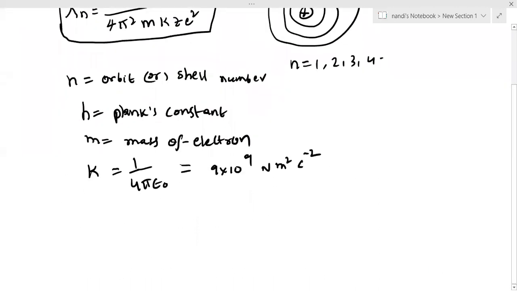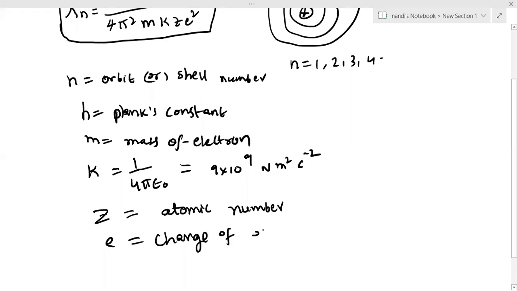Next, any other term which you don't know, that is Z. Z equal to atomic number. Next, anyone? E equal to charge of electron. Please check it. Any doubt?